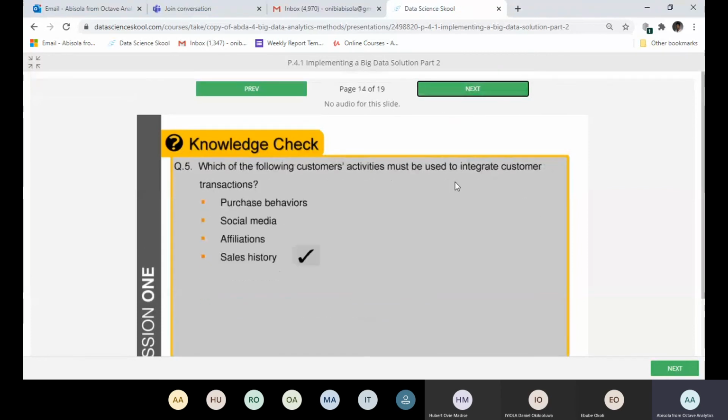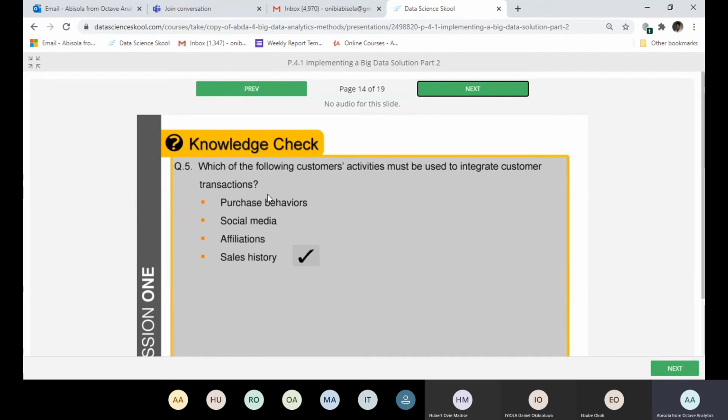Which of the following customer activities must be used to integrate customer transactions? Purchase behavior, social media affiliations, sales history, customer transactions.